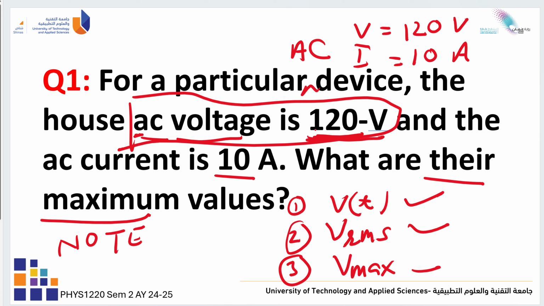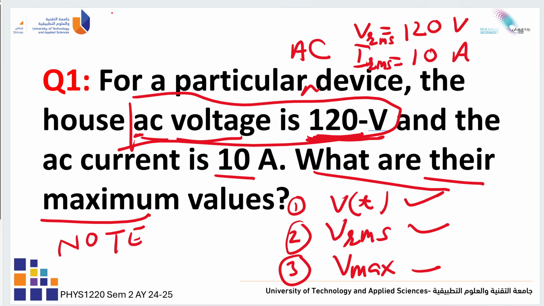The rule is, if the question does not tell the type of the voltage or current, you have to consider it as RMS voltage and RMS current always. So the RMS voltage is 120 volt and the RMS current is 10 ampere. Now they are asking for the maximum value.